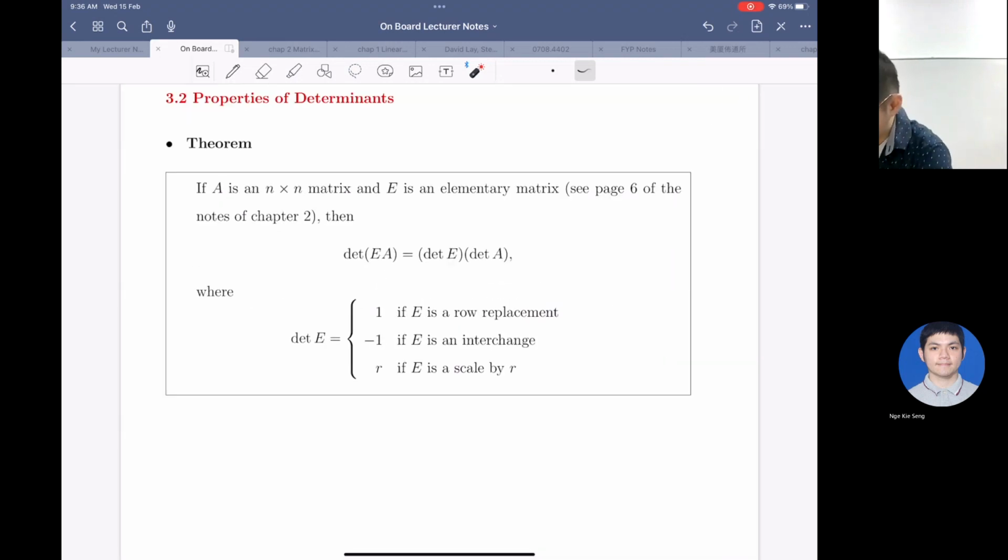So, determinant of EA. After you do row reduction to a matrix, how does this determinant change?